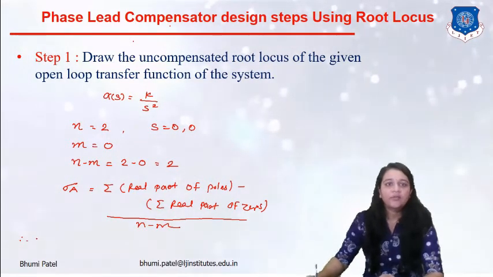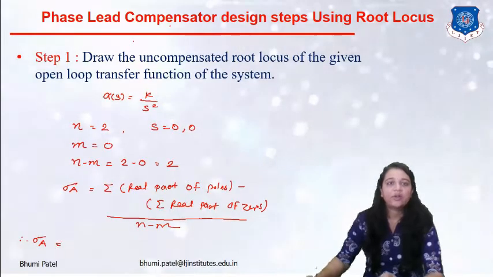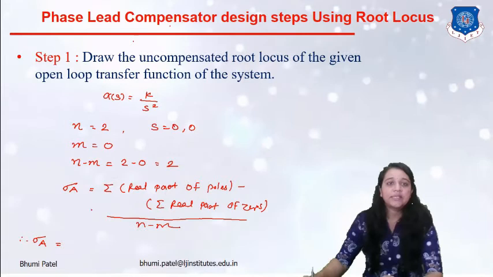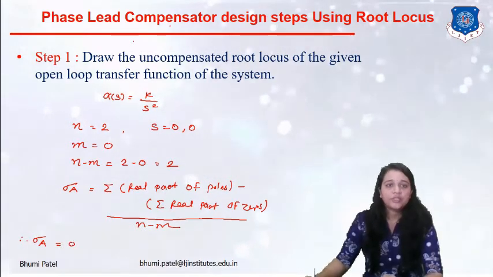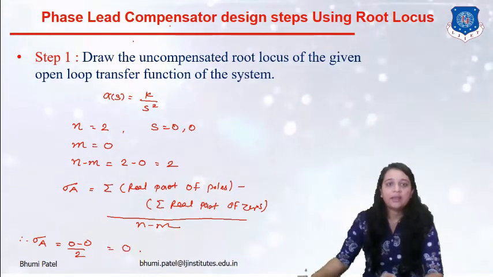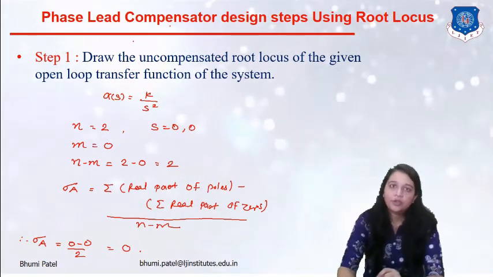For our transfer function, the real part of the poles is 0, so the summation is 0 minus 0 divided by 2, and we get the value of the centroid equal to 0.